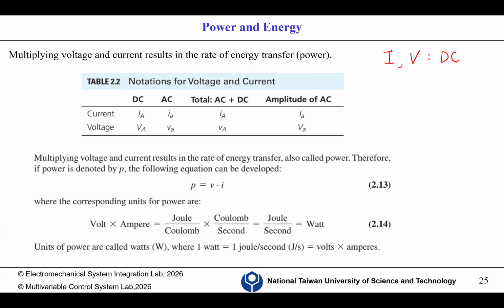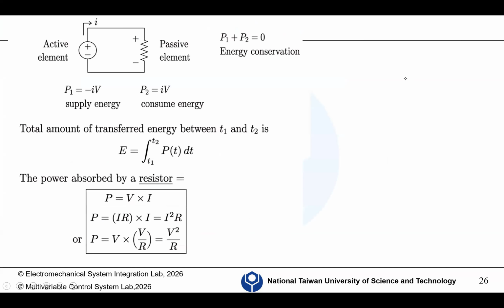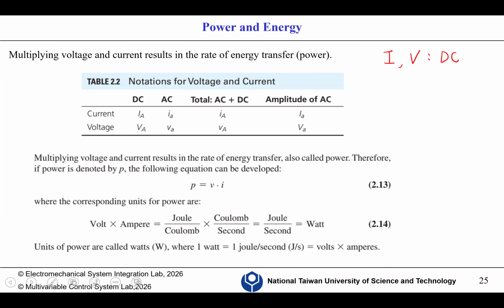And then lowercase i and v mean AC. It means AC current and AC voltage.